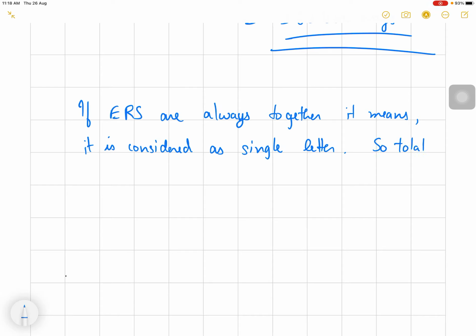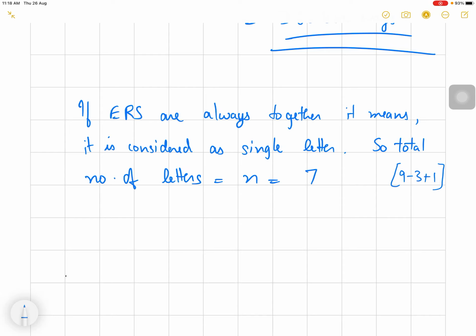So the total number of letters, which is n, is equal to 7. How did you get 7? 9 minus 3 plus 1. 3 letters are ERS. You remove ERS and instead of ERS you consider it as 1 letter, so plus 1. Okay, so n is equal to 7 letters.